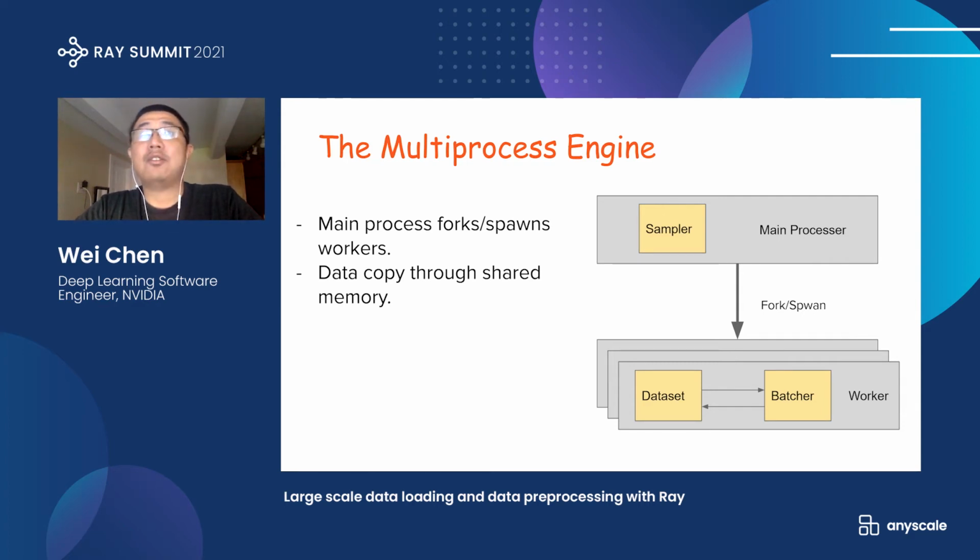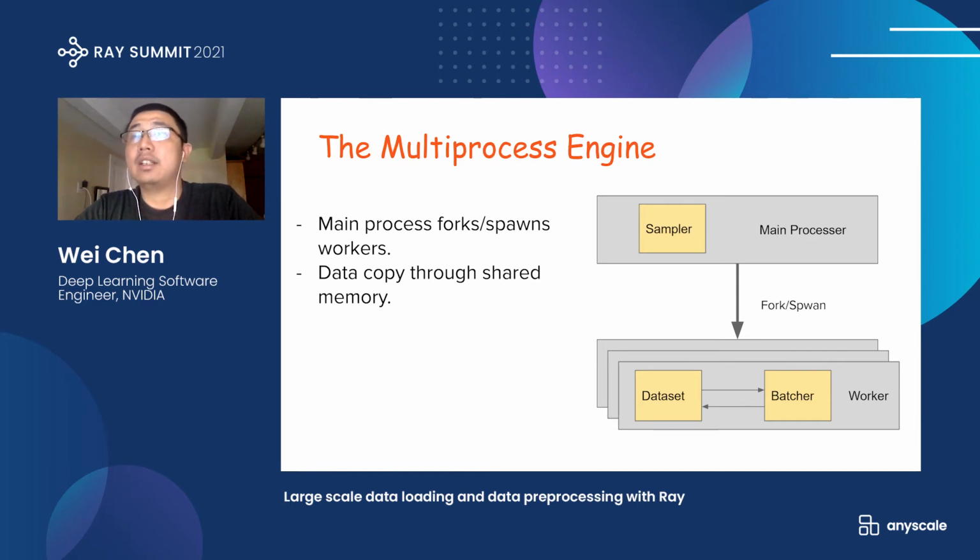Basically, you have to spawn a lot of workers in the PyTorch data loader, and each worker needs to run the dataset and batcher in the worker process. The batched training sample needs to be returned from the worker to the main process. To make this data copy across the process boundary fast, PyTorch uses shared memory.